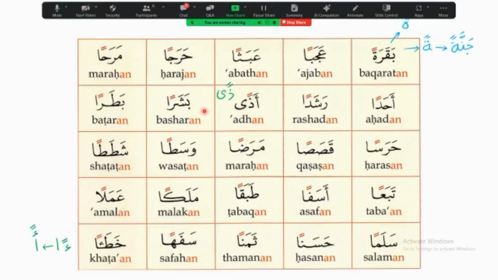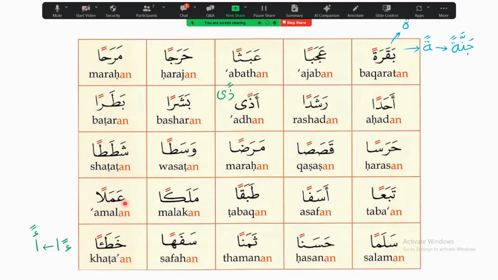Let's just move quickly. Basharan, bataran, harasan, qasasan, maradan, wasatan, shatatan, tab'an, asafan, tabaqan, malikan, amalan, salaman, hasanan, thamanan, safhan, khata'an, khata'an.